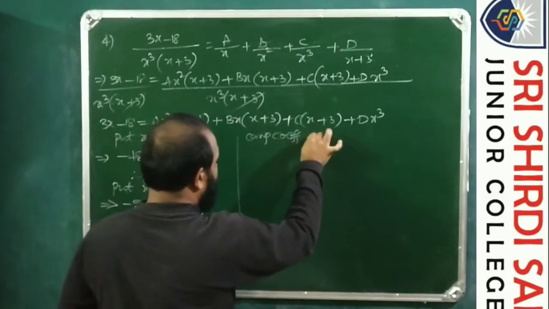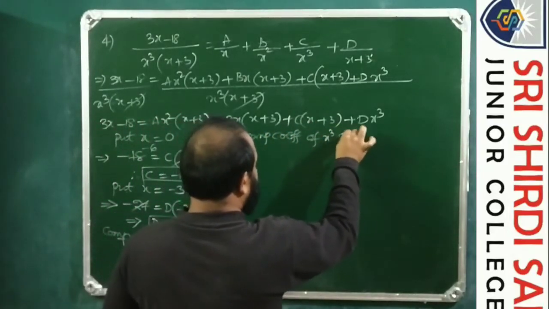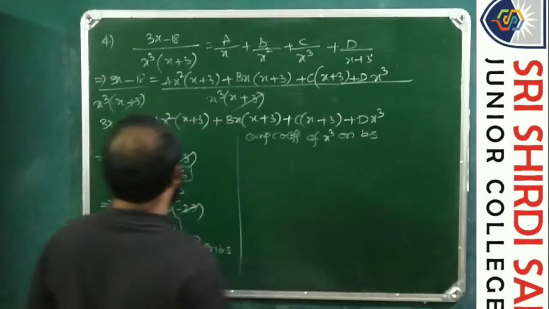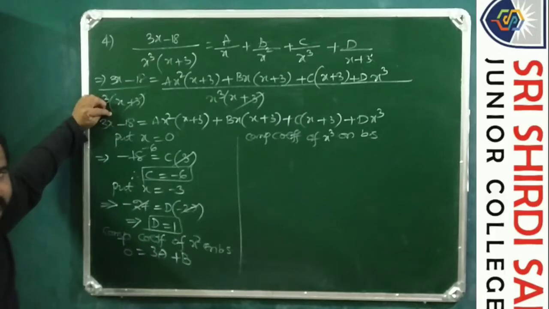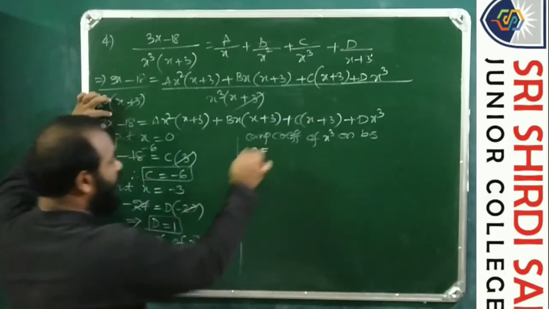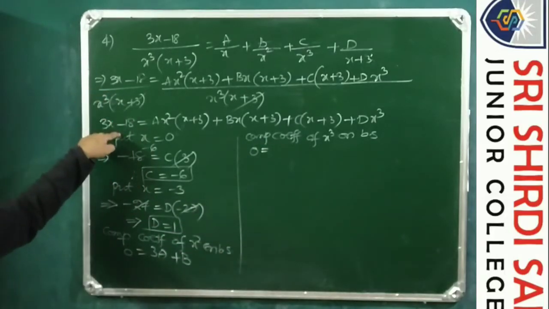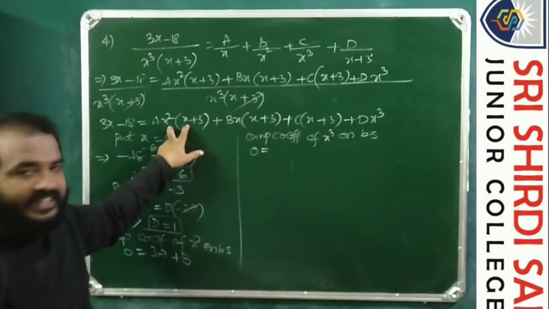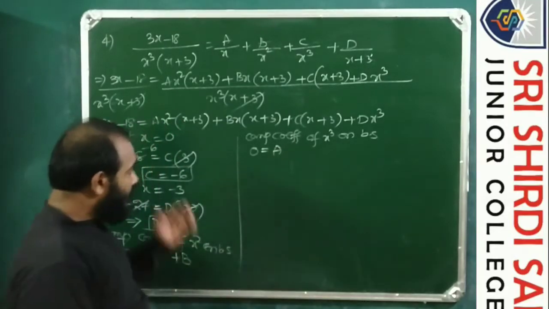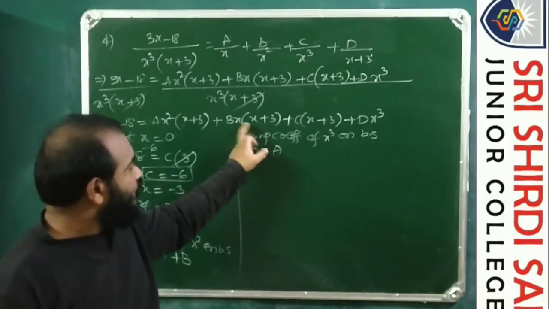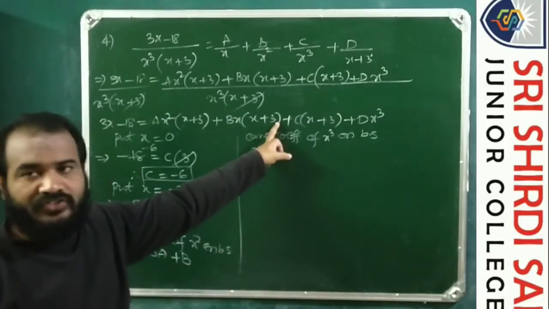comparing coefficient of x cube on both sides. Let us see this. So the coefficient of x cube on LHS is 0 because we don't have any x cube term here. So x square into x, x cube coefficient is a. Here x square and x coefficients are there.